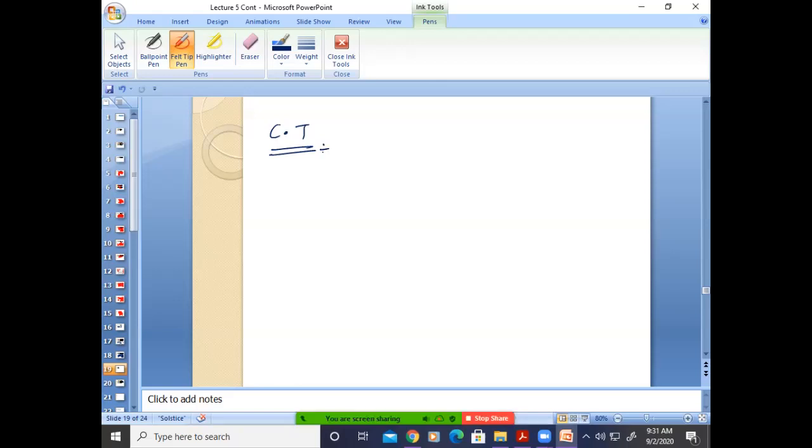Suppose this is the ciphertext. L, Z L O, J L Y, W Z R, O D N K Y. This is the ciphertext.